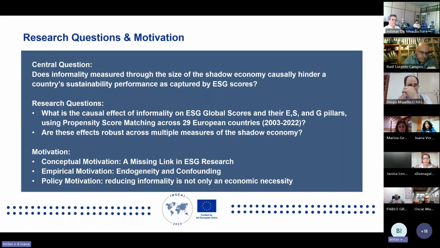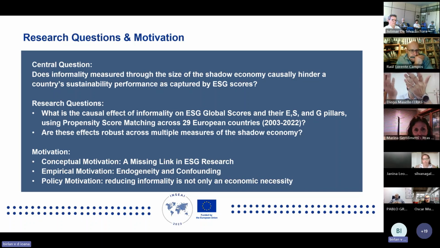Then there's the empirical motivation. The little studies that do study sustainability in regards to informality usually use correlation as an analysis, and we want to study causality and confounding. And of course, the policy motivation, because reducing informality is not just an economic necessity, but it is also important, as we will see, for sustainable development.